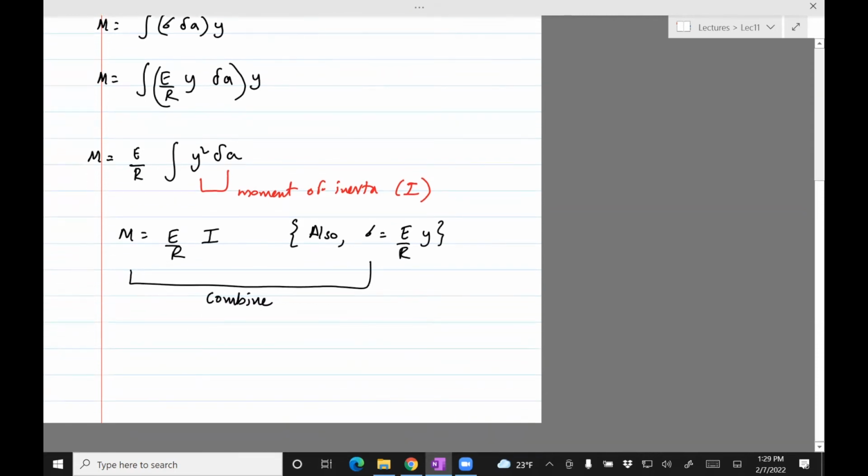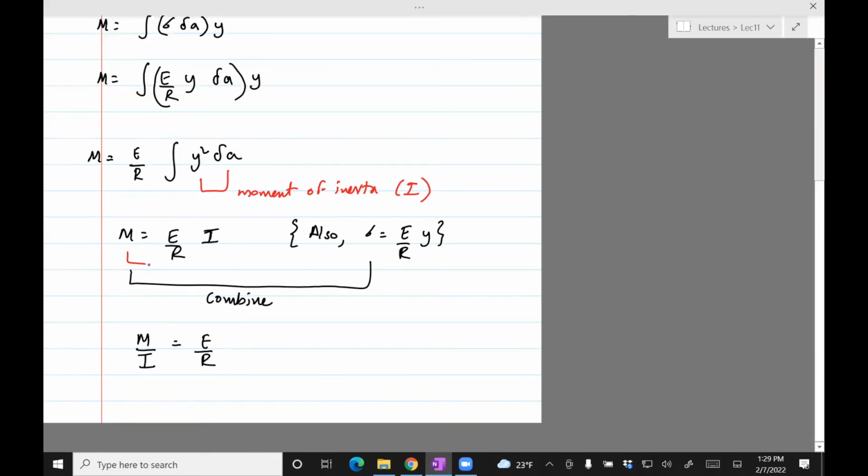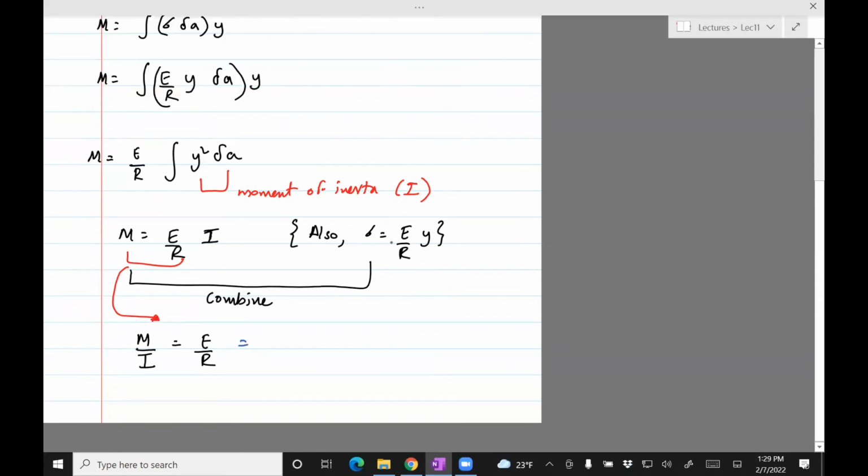So you don't have to remember those two expressions, but it's much easier to keep track of this one. M divided by I, so I divide this expression by I, you get E divided by R. This is just from the first one. But then E divided by R is also sigma divided by y.